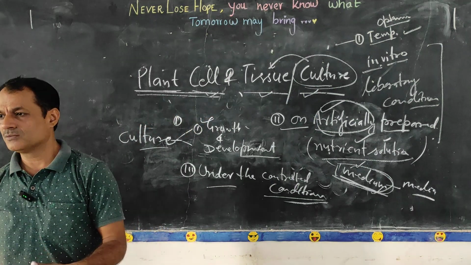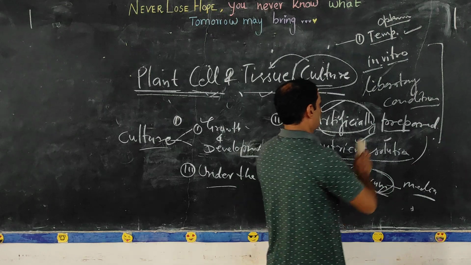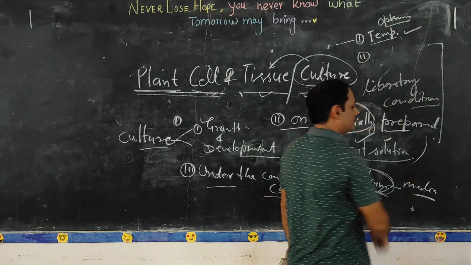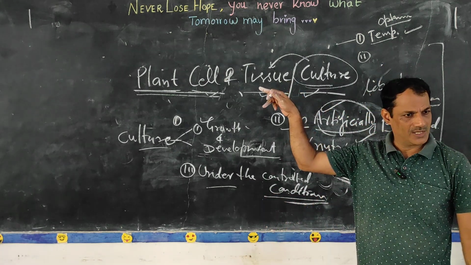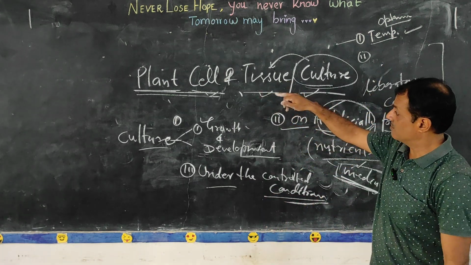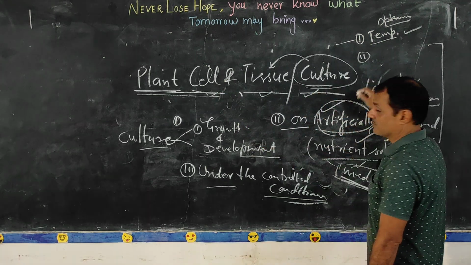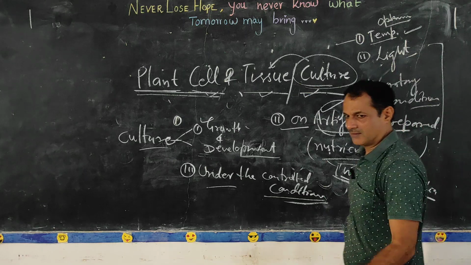What can be the other 2 or 3 controlled conditions? Proper temperature. Number 2, since we are growing plant cells, for proper growth and development we need proper light.